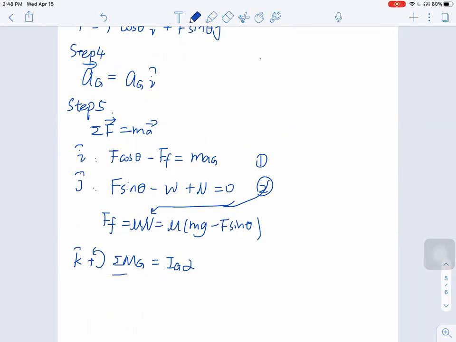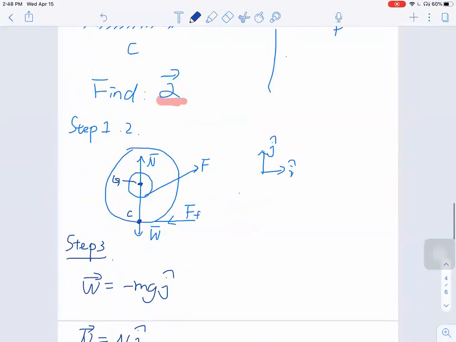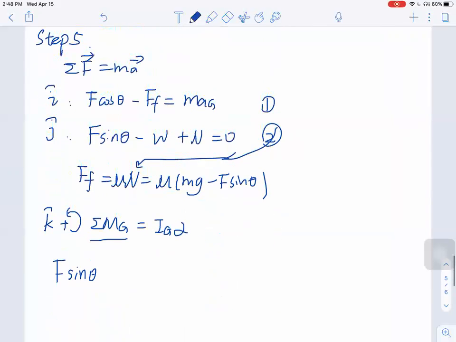So the moment caused about G: you have F sine theta, that's in the Y direction. The Y component of F will pass through G, so that wouldn't cause any moment. Instead, here it should be F cosine theta times small r, and the moment about point G is going to be positive.